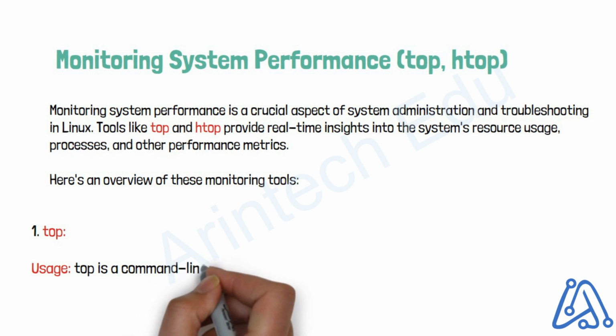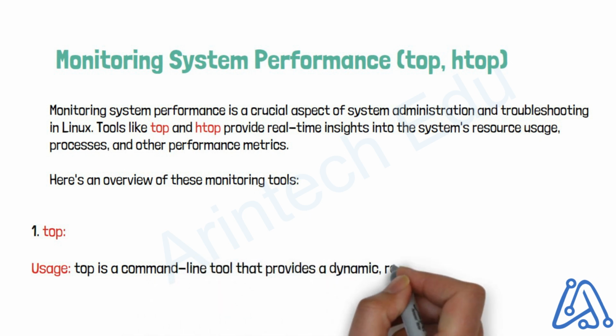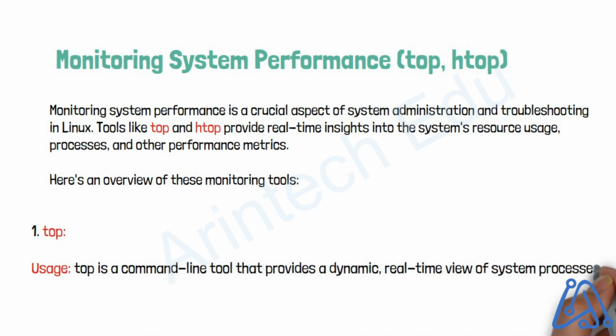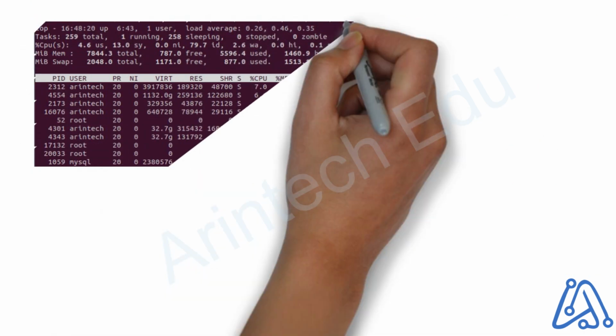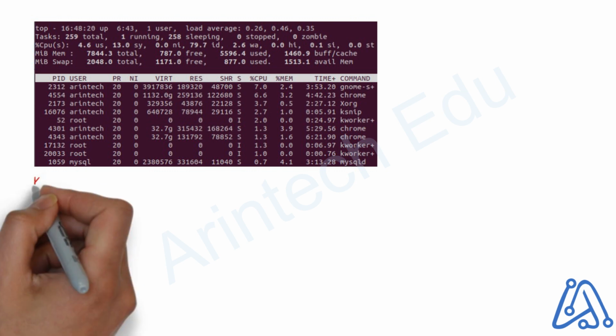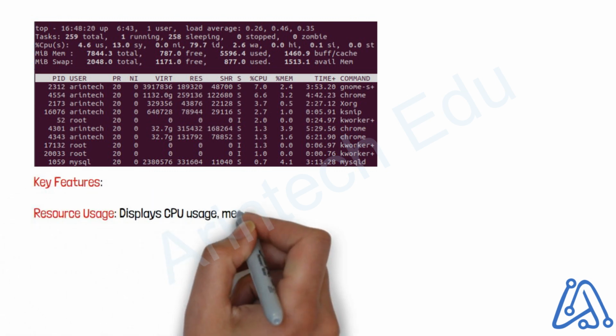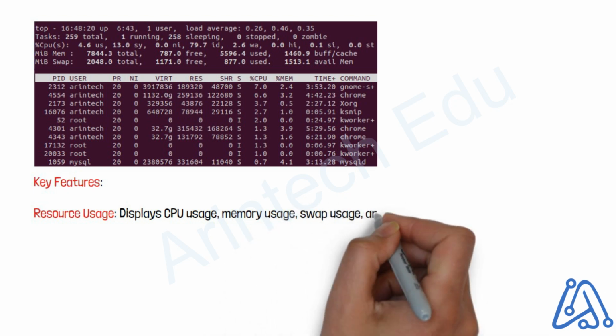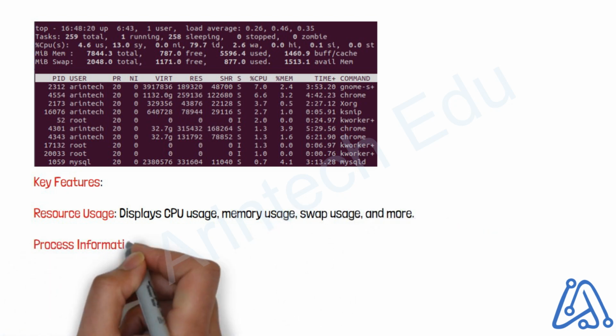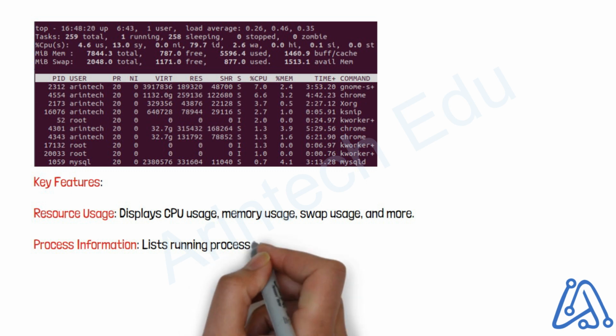1. Htop. Usage. Htop is a command line tool that provides a dynamic, real-time view of system processes and resource utilization. Key features: resource usage, displays CPU usage, memory usage, swap usage, and more.